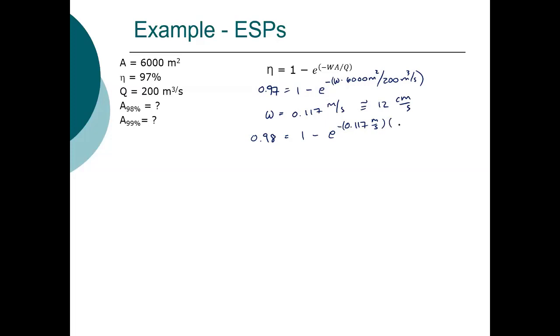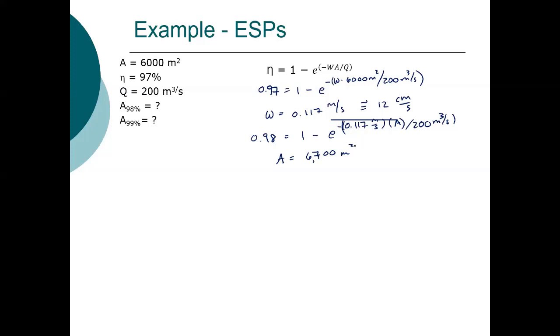Now we're looking for the area, and we'll divide by 200 meters cubed per second. And we find that we need about 6,700 square meters. So we need about 700 square meters more in order to obtain that additional 1% removal efficiency.